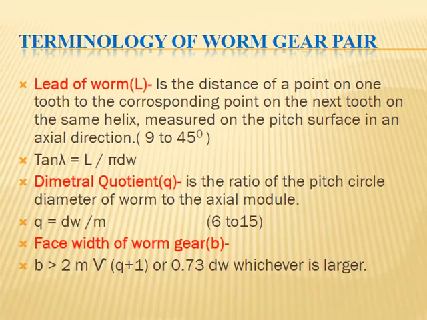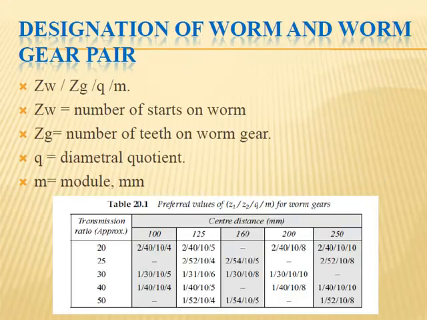Keep in your mind the designation is very important in design and specification of the worm gear pair. And selection of the worm gear pair number or designation can be taken from the standard tables. So here is the slide of designation of worm and worm gear pair.